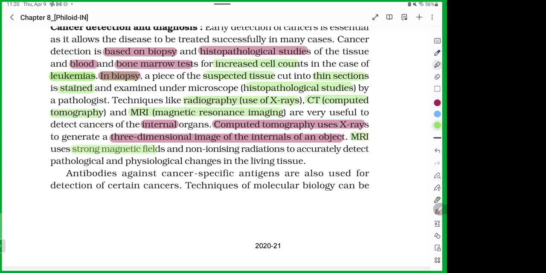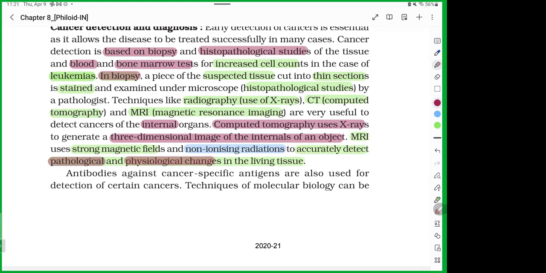In case of MRI, it uses a strong magnetic field, and very important for your NEET exam is that MRI has non-ionizing radiation. Like, MRI does not have harmful radiation. So it also accurately detects the pathological and physiological change in the living tissue. Pathological means what is the cause of the disease, it can identify.